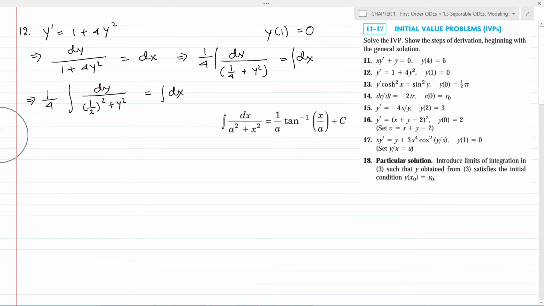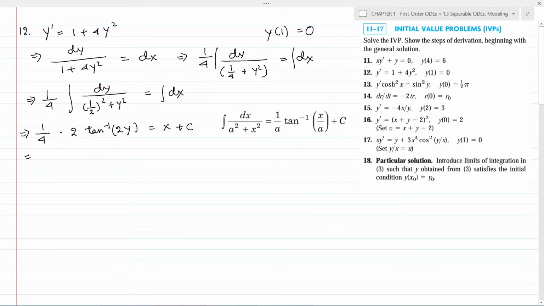So the left side we can write as 1/4 multiplied by 1/a, which is 2 here, tan inverse of (x/a), which is 2y, is equal to x + c.